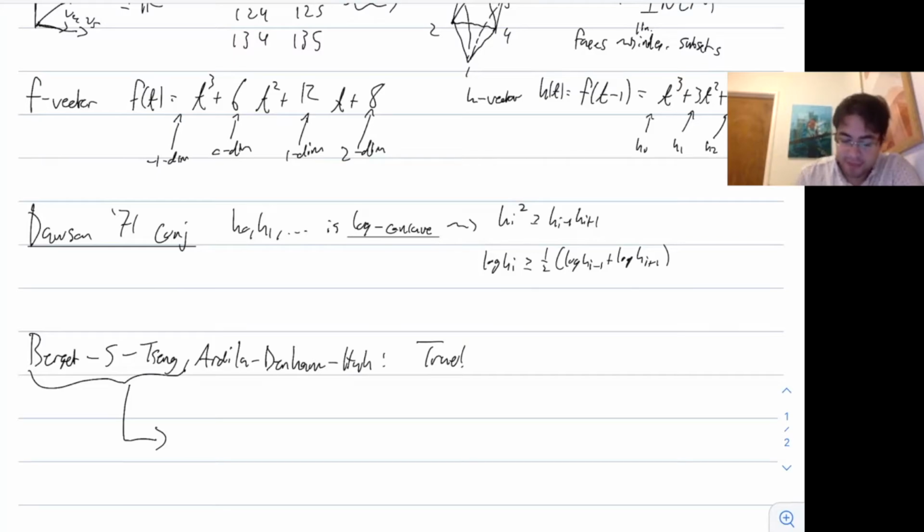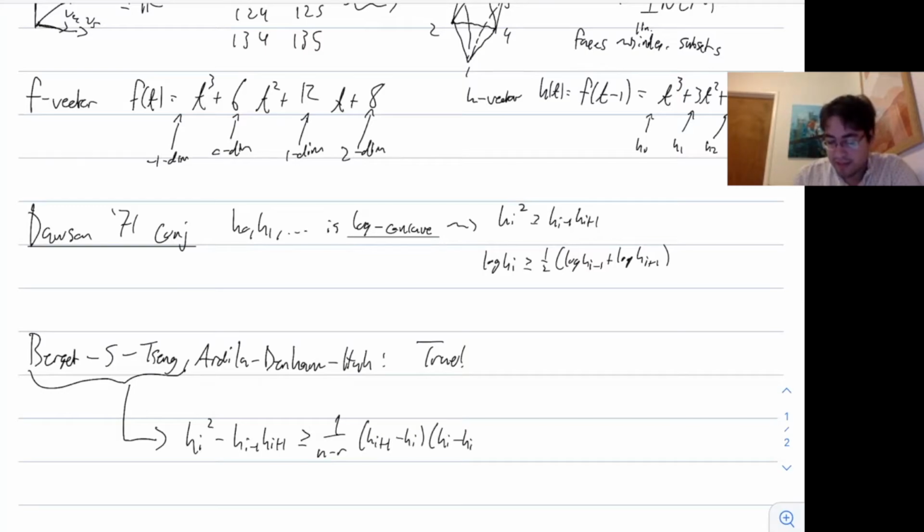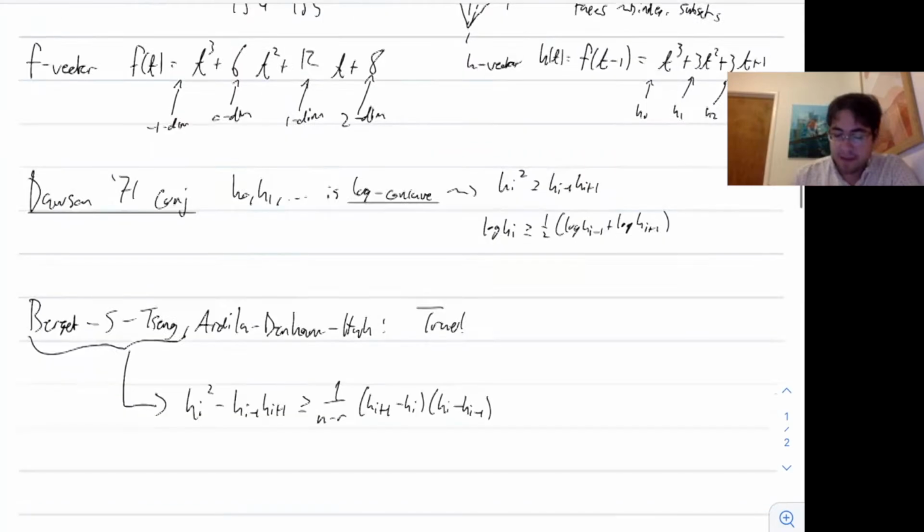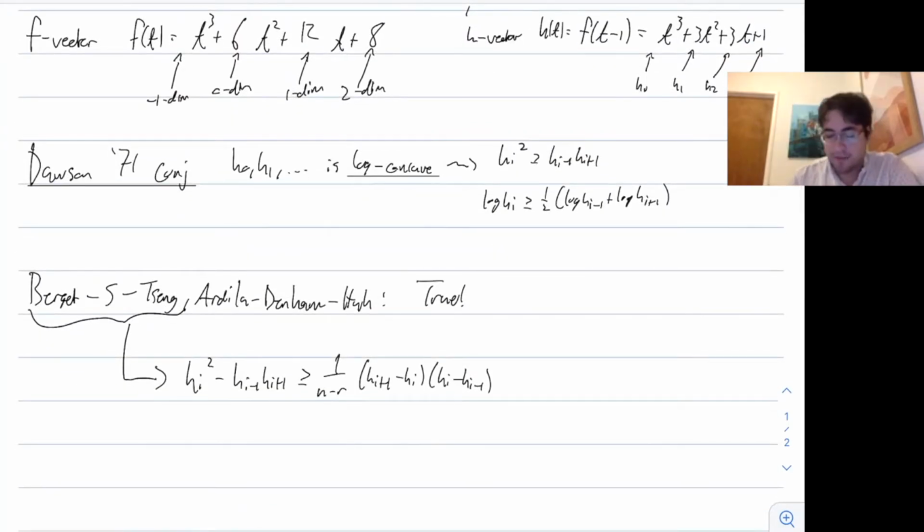of this sequence. What we can actually show is if I take this quantity, which is non-negative, I can actually lower bound it by something that is positive. And this quantity I can lower bound it by is the following, hi minus 1, which doesn't manifestly look positive, but I want to make a little bit of a note on this.